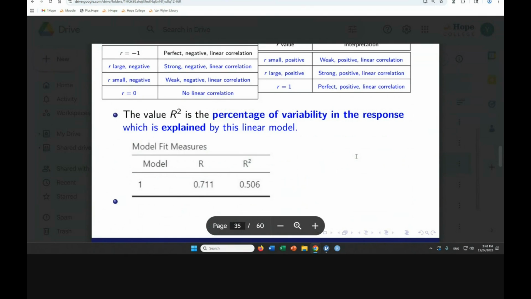Foot length in this model explains about 50% of what's going on with the height changes. So clearly, a linear model is superior. The higher R square is, the more the model explains. And R square that is low means the model is not telling you very much.